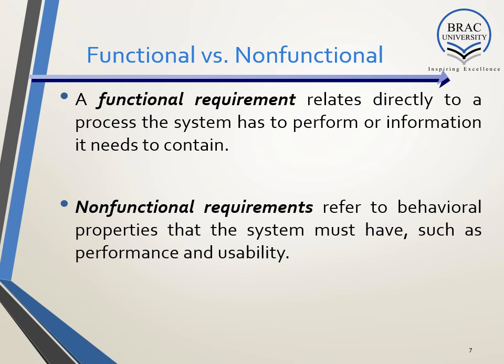I'll discuss this later, but for now, for example, in a website we have a login feature. That is a functional requirement. But what about the security of that login feature? We need to add some hash function or something like that. Those are the non-functional requirements. Let's discuss this one.